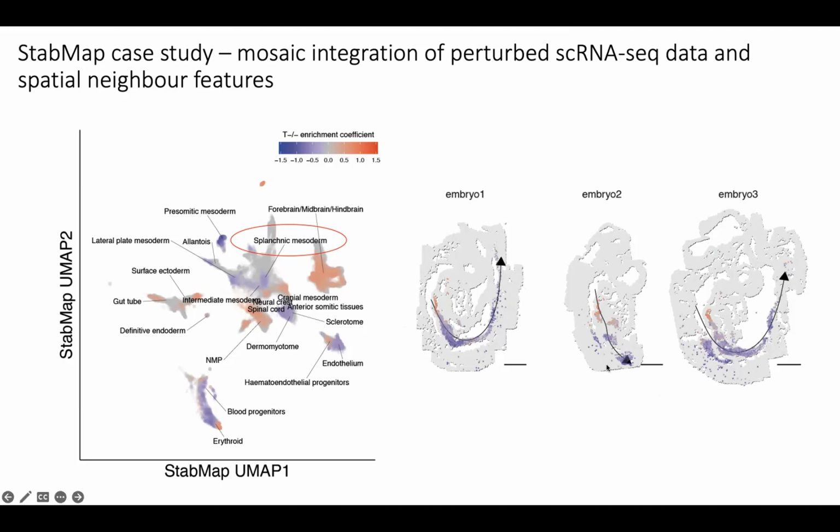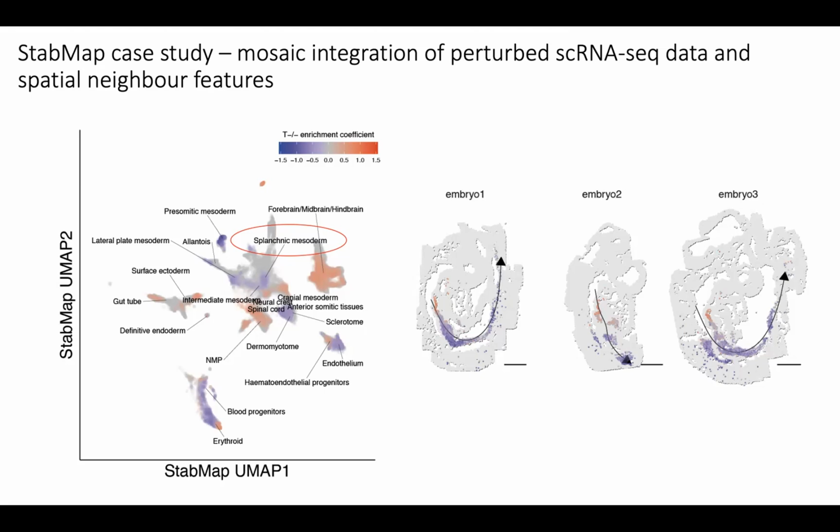I think it's a nice observation, or a nice hypothesis that we can generate, that we don't necessarily need to have performed spatial perturbation, right? We can perform the dissociated perturbation followed by our spatial reference.